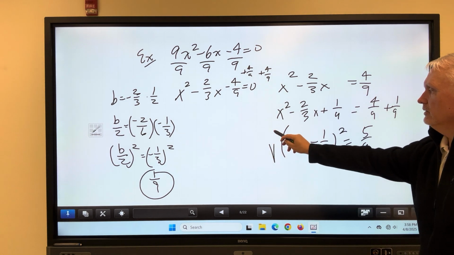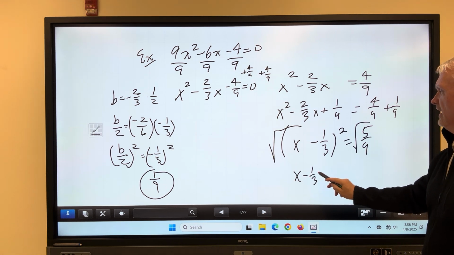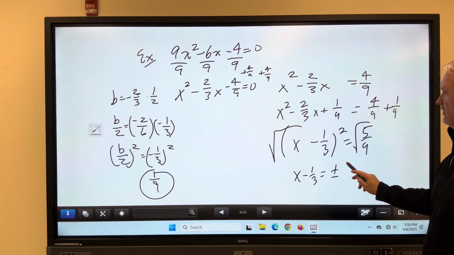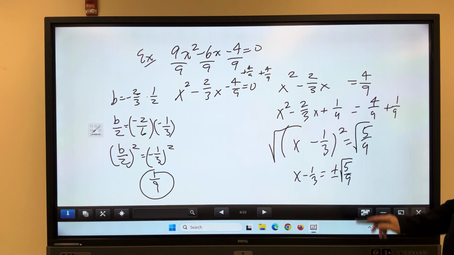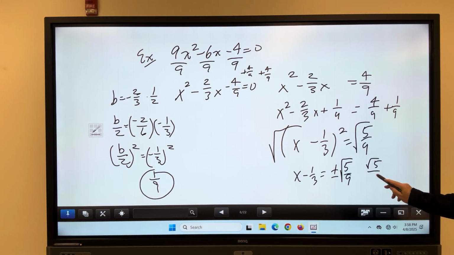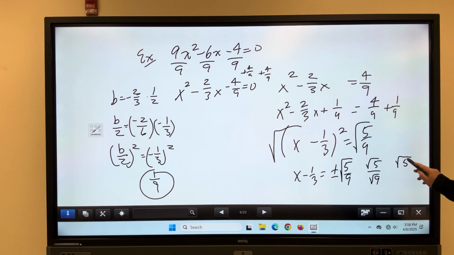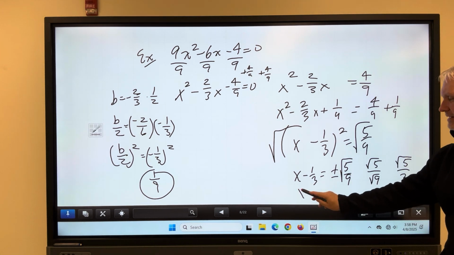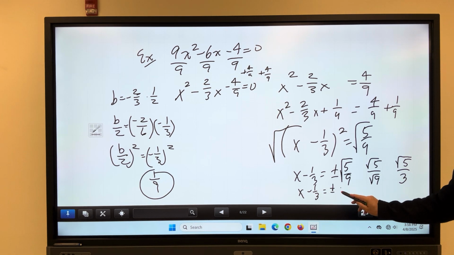Take the square root of both sides. x minus 1/3 is equal to plus or minus the square root of 5/9. But this is the square root of 5 over the square root of 9. The square root of 9 is 3. So this is the square root of 5 over 3. x minus 1/3 is equal to plus or minus the square root of 5 over 3.